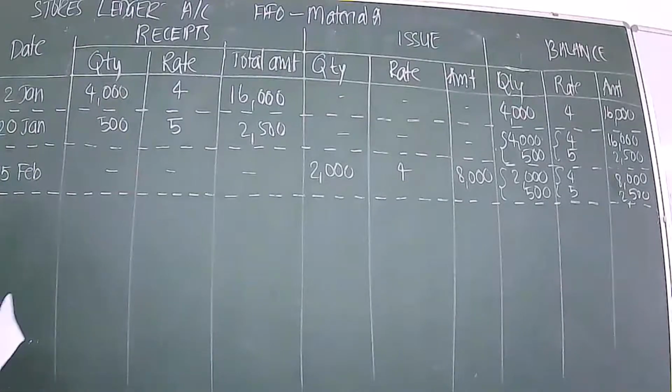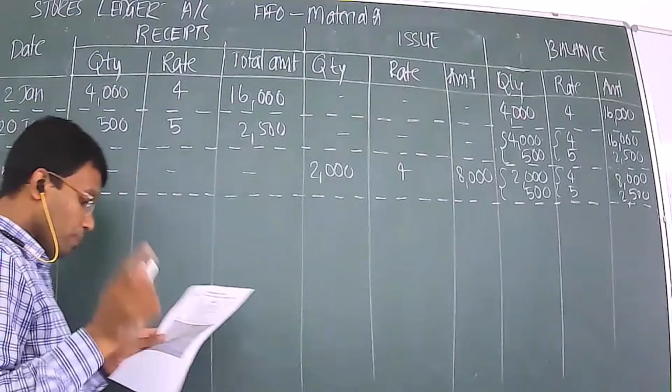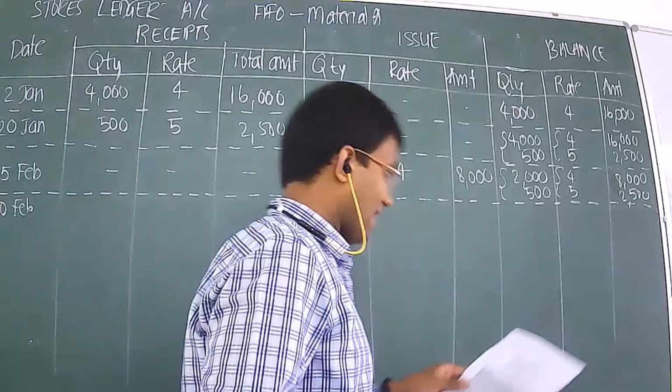Now let's look at the next entry. The next entry is on 10th of February. On 10th of February, you purchased again.